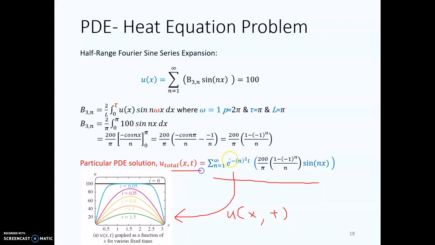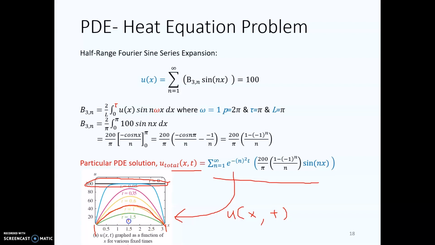When you plot the graph for this solution, you should obtain at t equal to 0, all the points here have temperature equal to 100 degrees Celsius. At t equal to 1, which is this, this is the temperature distribution from the point 0 to pi here. At t equal to 1.5, you have the temperature distribution in the green line here.